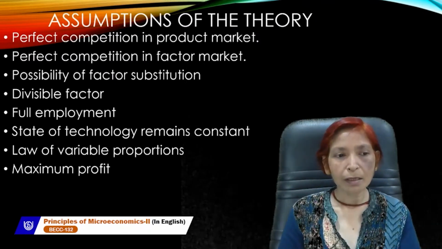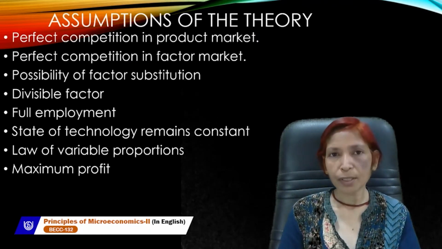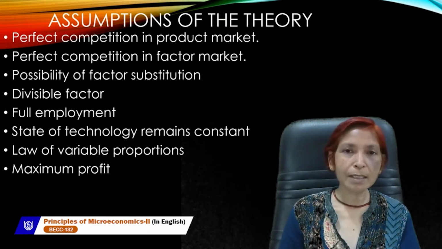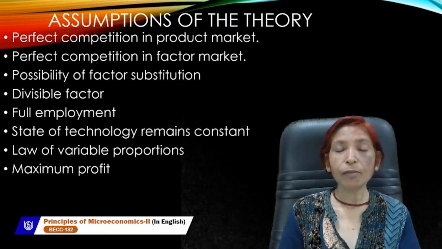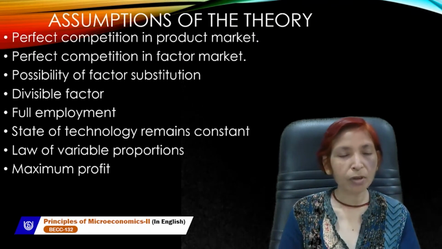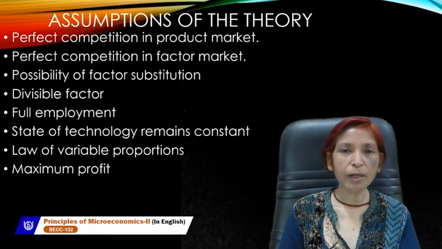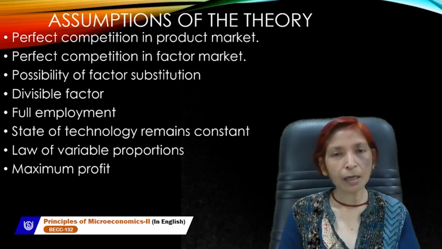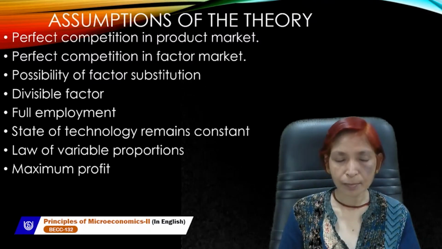It means if there is full employment, no one will be unemployed. All persons will get employment opportunities. But this full employment assumption is also unrealistic because at present, in any economy, either developed or underdeveloped, full employment does not exist.